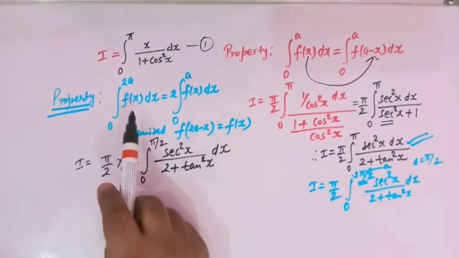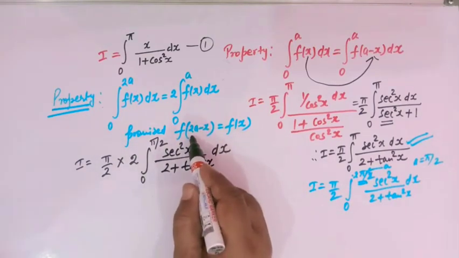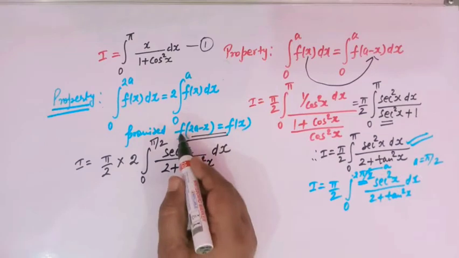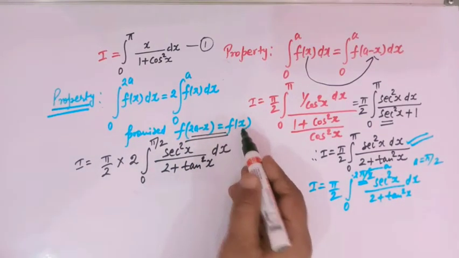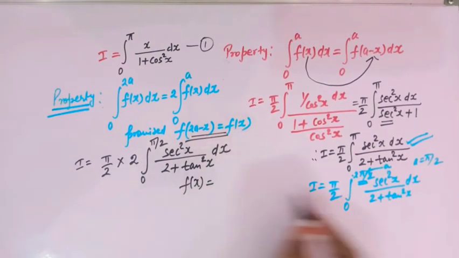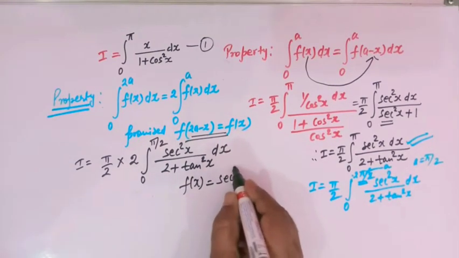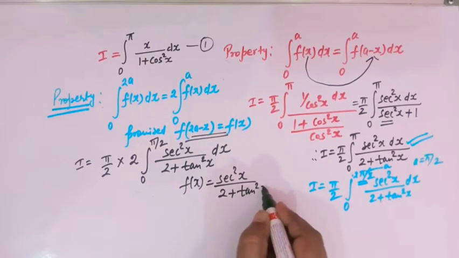Now we have to see whether this condition is satisfied or not. So here we have f of 2a minus x equal to f of x, and for f of x we have this function secant square x over 2 plus tan square x.